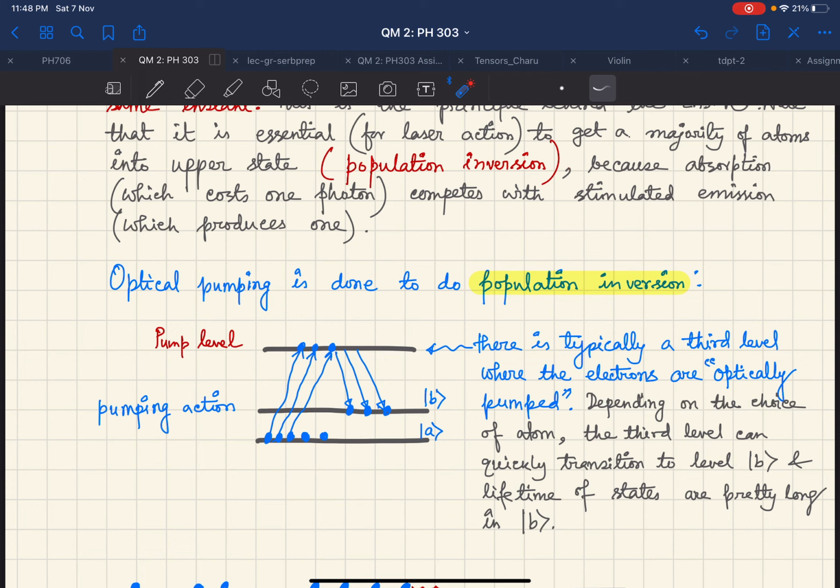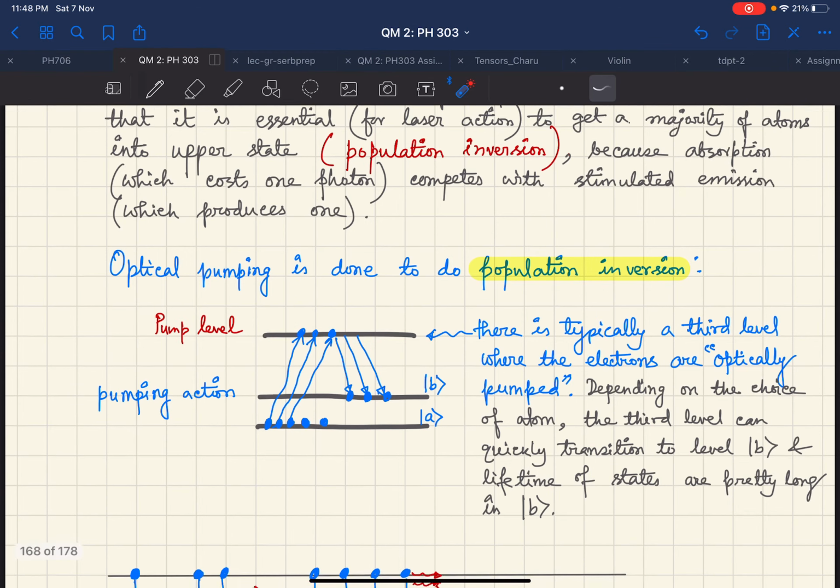Once these atoms, which are all in the lower energy state, are excited to some third energy state, it is the property of the material or the atoms that will tell you how long these atoms will stay in this state.